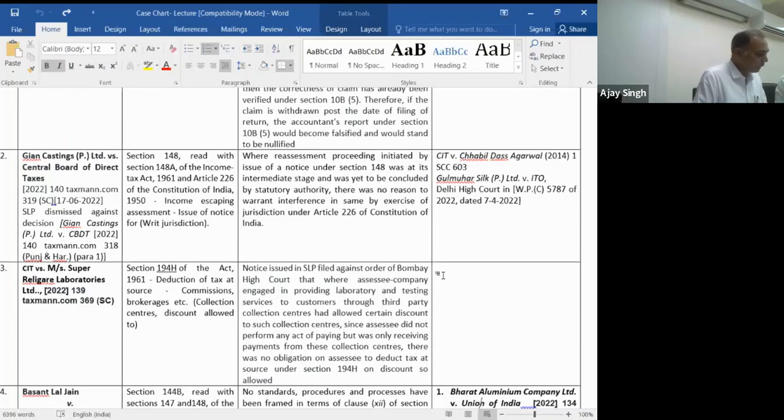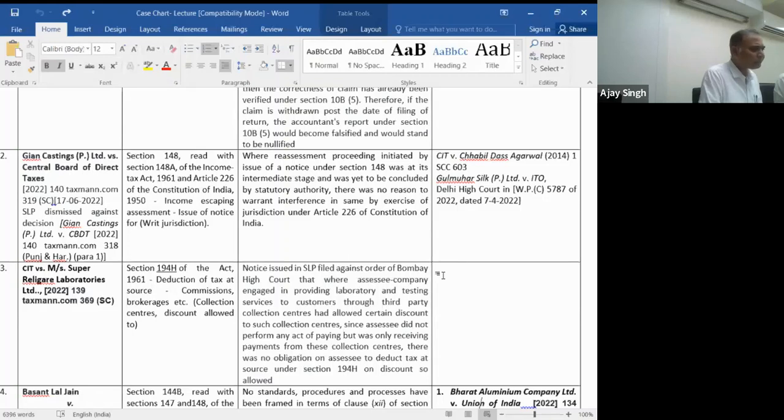So one should keep in mind, because I have seen very casually revised returns are filed, and the considerations for filing revised returns are totally different from what I read. Therefore I tried to read the section and I pointed out. So something is there. We cannot discuss all the facets right now, but one has to keep in mind this particular decision.